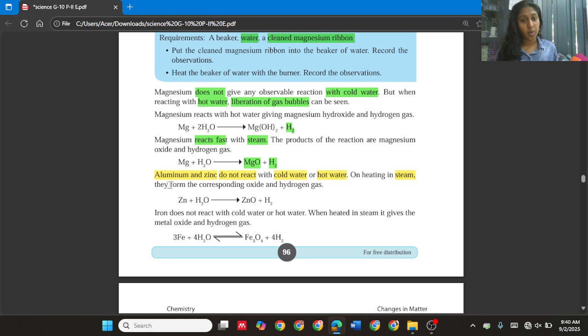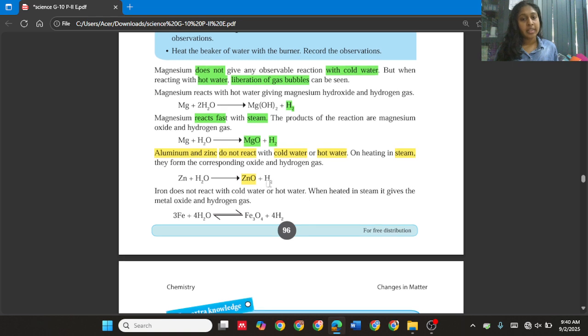Corresponding oxide means for aluminium it's aluminium oxide, and for zinc it's zinc oxide, because two metals are mentioned here. They have given one example equation here, but I am going to give you both when I give you the note. And they liberate hydrogen gas.